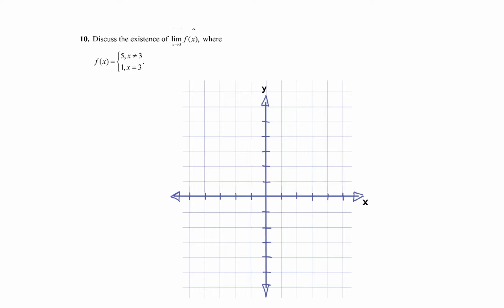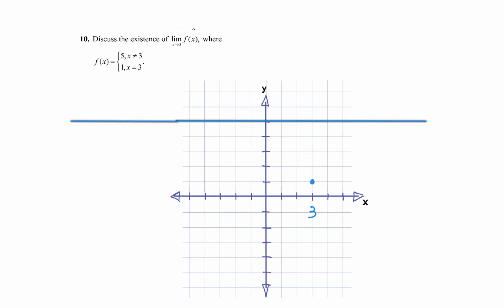Now let's discuss the existence of the limit when x tends to 3 of the function f of x. The function f of x is defined like this. The value of the function is 5, all the time, forever is 5, but at x equals 3, the value of the function is 1, is here.